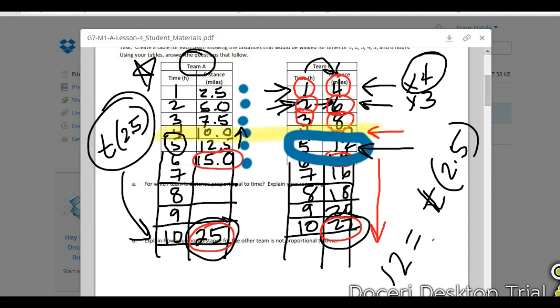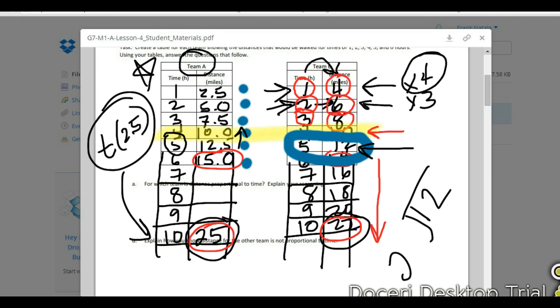So if we went ahead and did that, we could do 12 divided by 2.5. And so we know that's going to be 5 there, right? And that is 12.5.